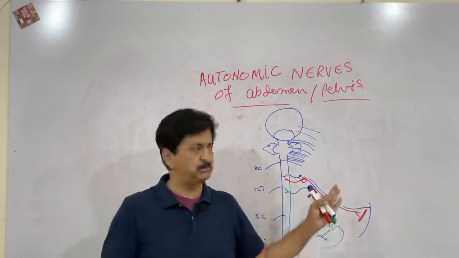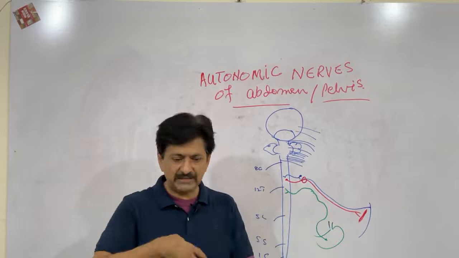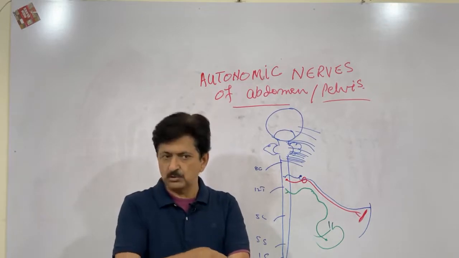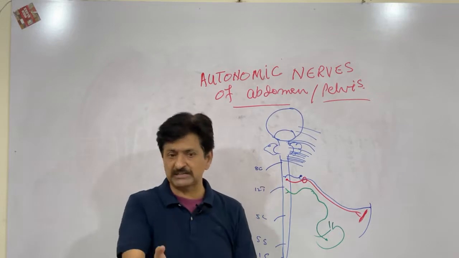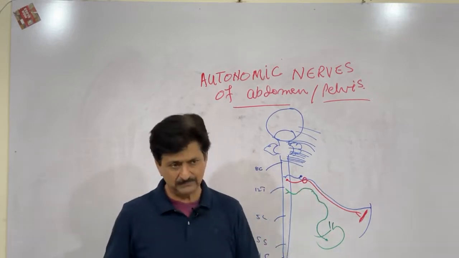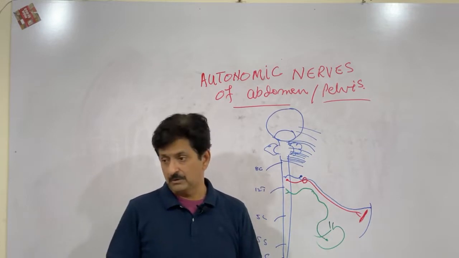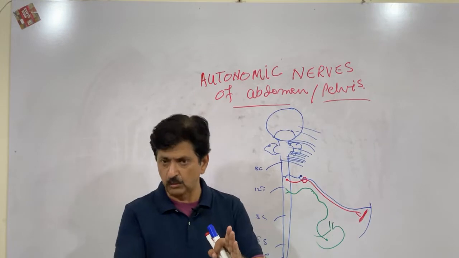Because your peripheral nervous system means what? Your spinal nerves. And your spinal nerves will go into the cavity or to the surface. But your autonomic nervous system wants to control the motor activity of your stomach, and in the stomach your spinal nerve is not going. Then they will be compelled to form their own nerves.